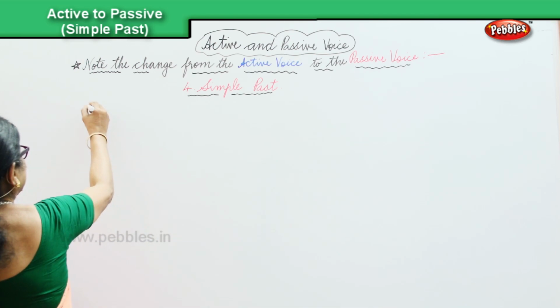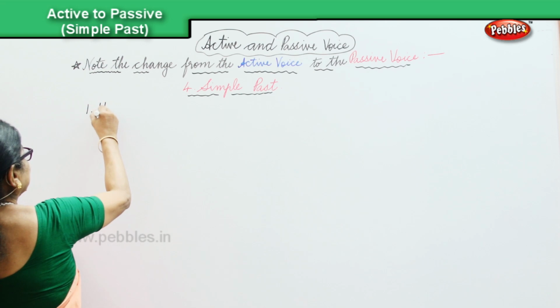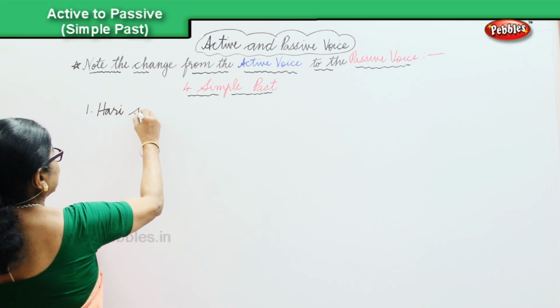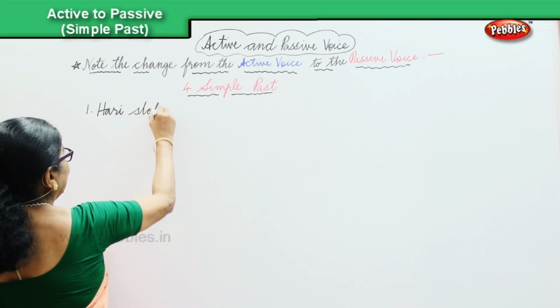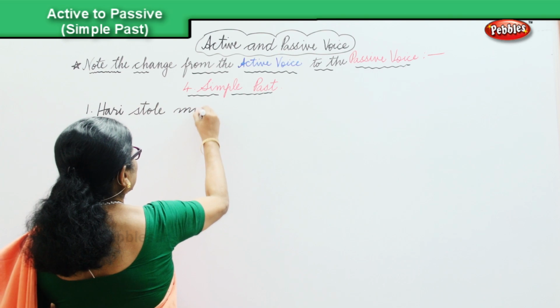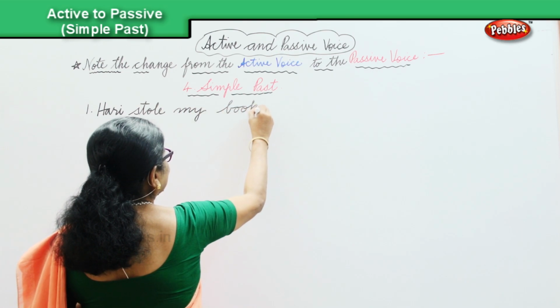Let's look at the first sentence. The first sentence is Hari stole my book. That's in the active.